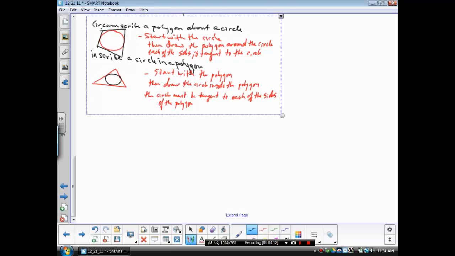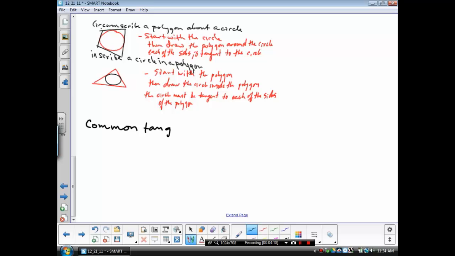So common tangents are lines that are tangent to more than one circle.